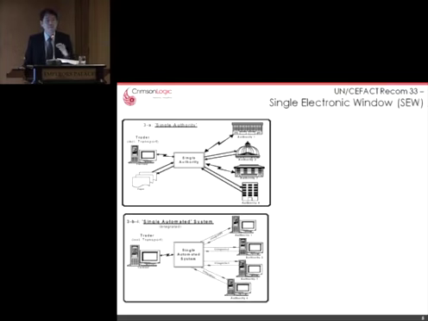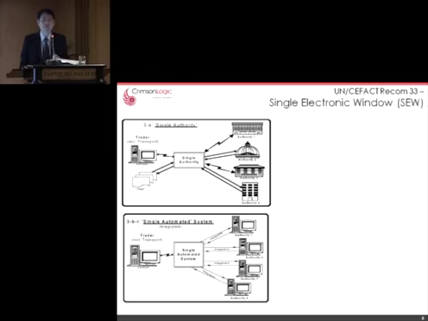The second model of single window is what they call a single automated system. So this is actually not an authority, but an IT system, a system that allows the trader, the customs brokers to submit declarations to OGAs and customs, and the OGAs and customs are integrated into this single automated system.